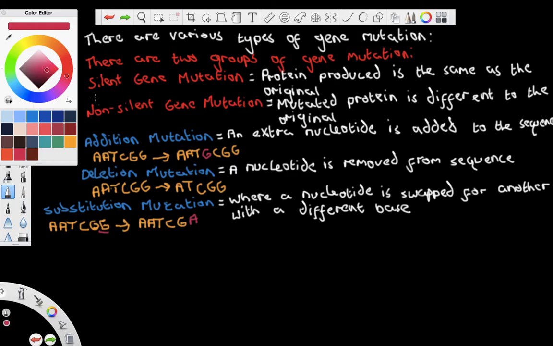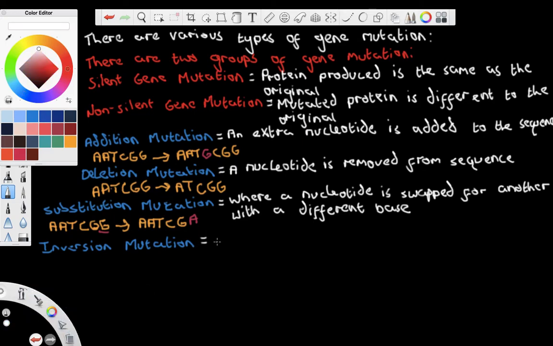Final couple we're going to talk about, however, there are lots of these. An inversion mutation. An inversion mutation is where a part of the sequence is placed in reverse.